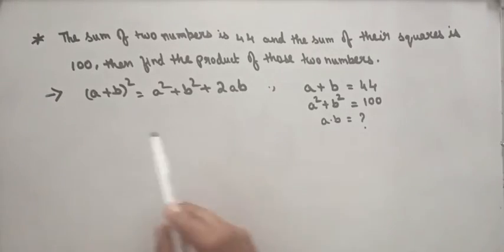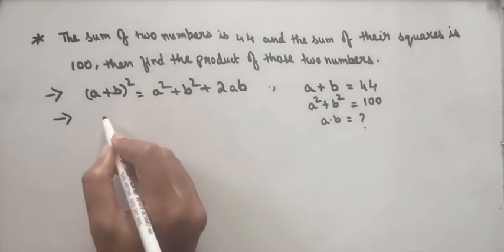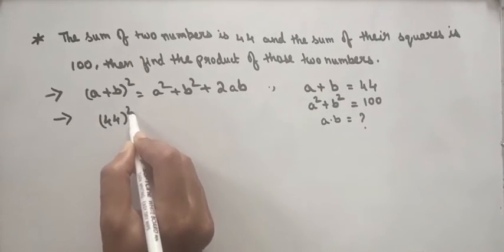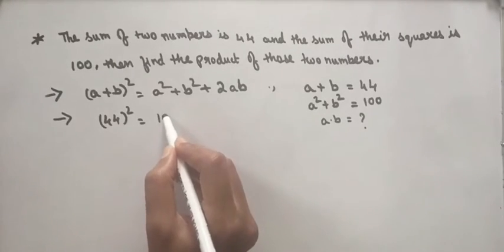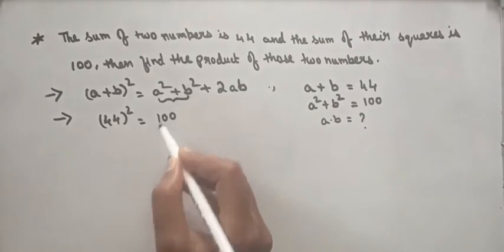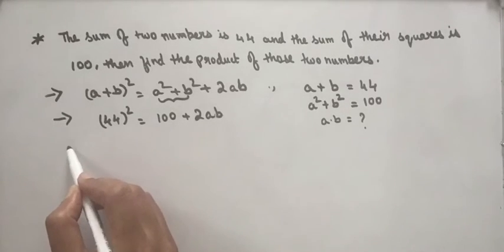Alright. Now let us apply the formula. A plus B is how much? 44 square equals to A square plus B square is 100, plus 2AB. Okay.